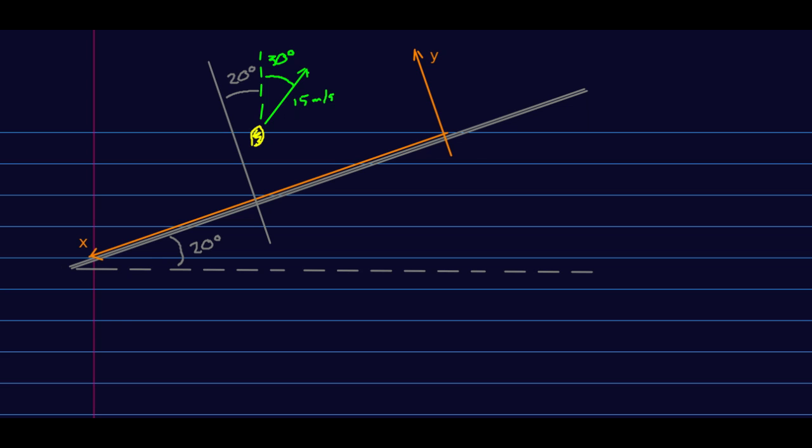And so our v, if we slide our v over to where the axes are and do that geometry, we see that this angle here is 50 degrees. And so now in our new coordinate system, we've got this situation. There's our v, here's our vx, here's our vy, and this is 50 degrees. And so we can do it all again, and I'm just going to take a slight pause to do that.